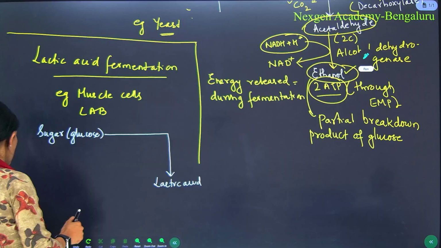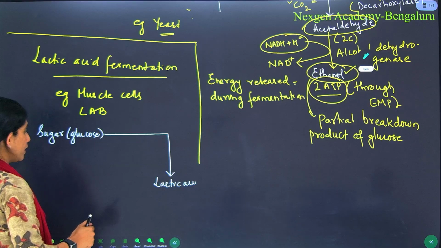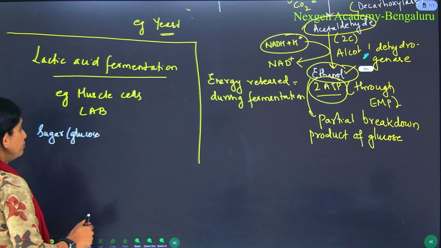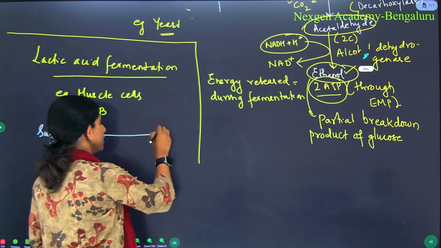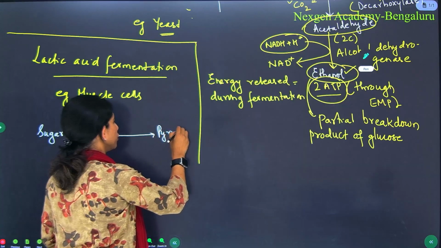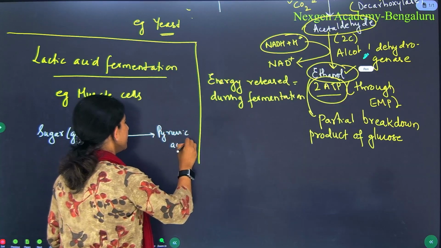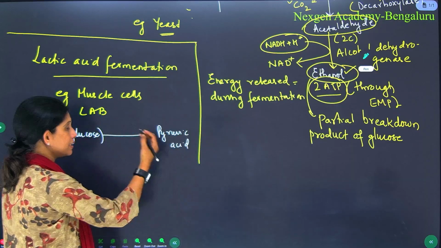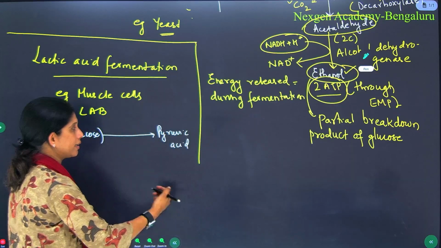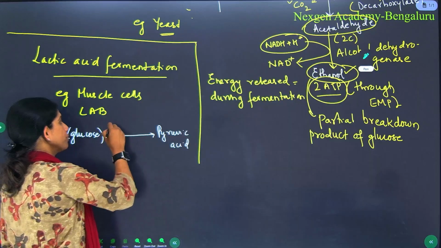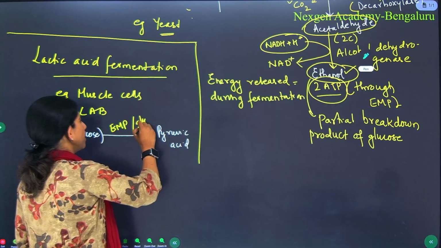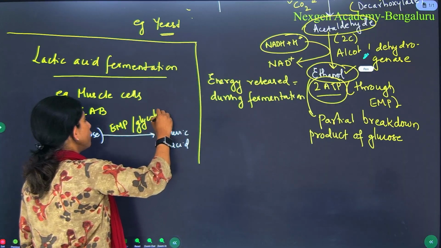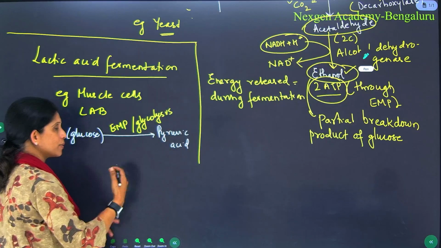Or, to be more appropriate, glucose is first converted to pyruvic acid, and pyruvic acid is the one which undergoes the later fermentation. What is the first step here? EMP pathway or glycolysis. So here also the first step will be glycolysis, which is common.